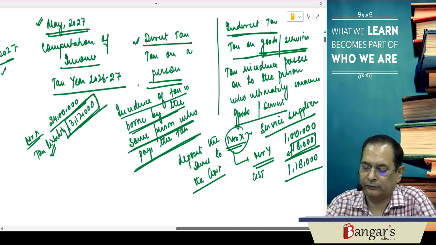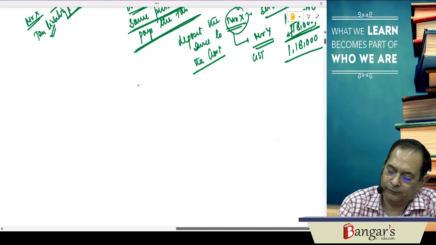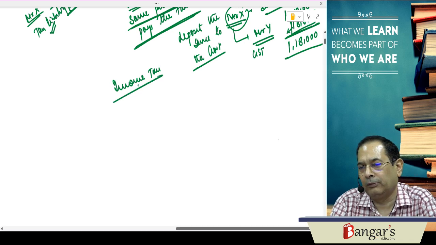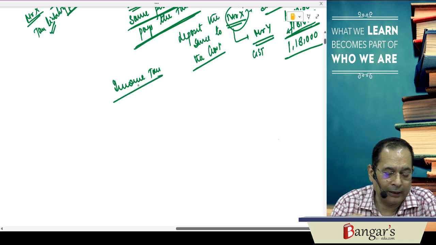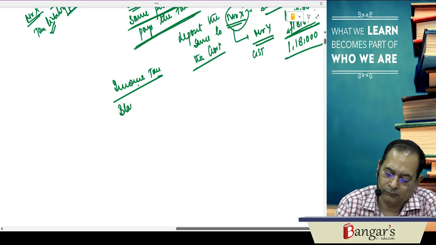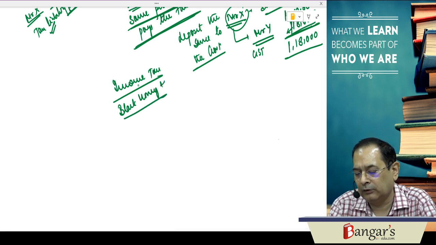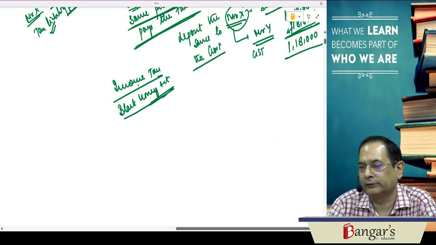So direct tax is, say, income tax. Similarly, black money tax is levied under the Black Money Act. That is also a direct tax.